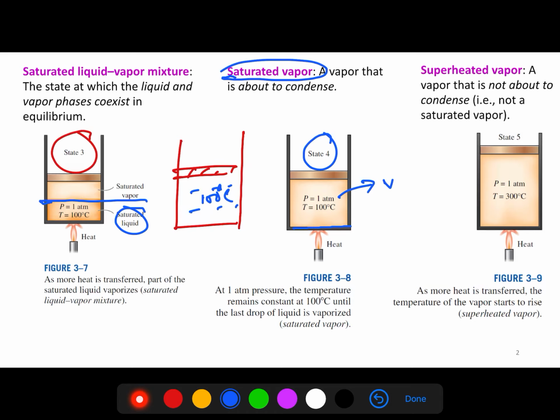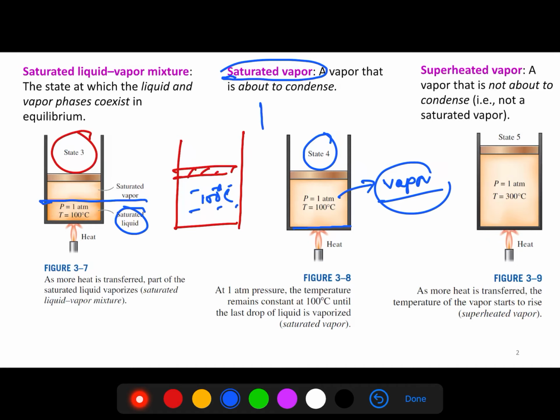So if there is any heat loss from the vapor, that will cause some vapor to condense, when the phase change will happen from vapor to liquid, and this is actually called the saturated vapor. So this is state 4. And simply keep in mind, state 4 here is there will be not a single drop of saturated liquid, all will be saturated vapor.